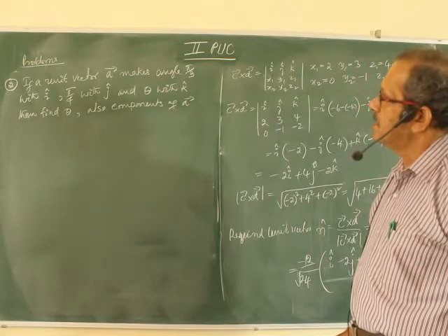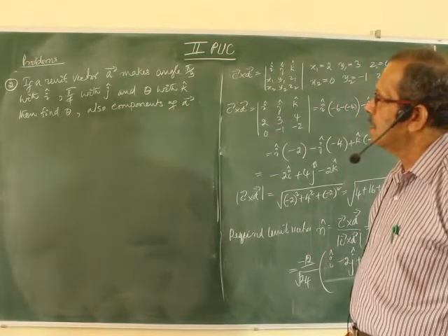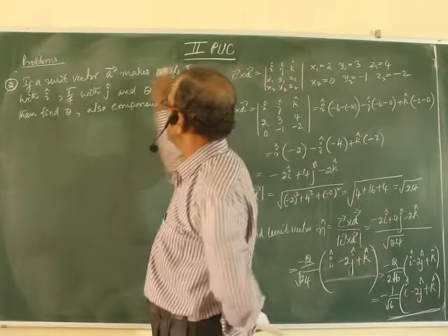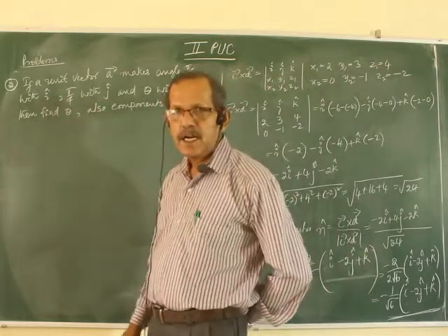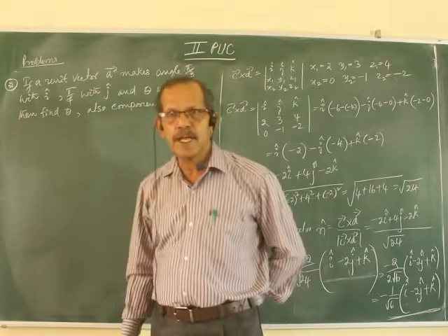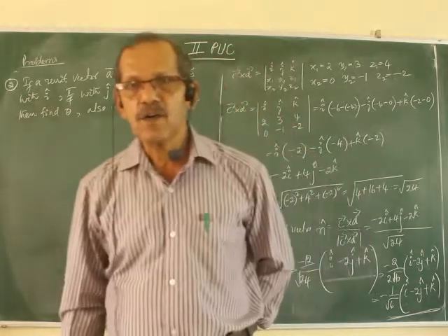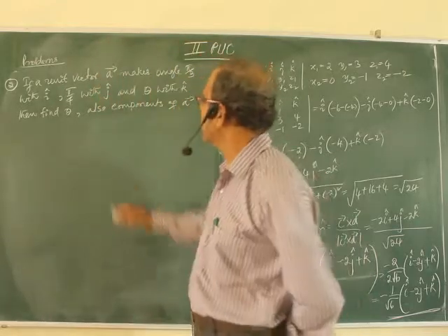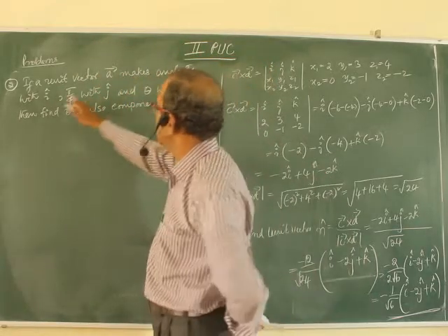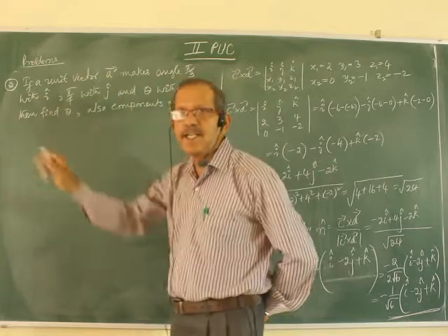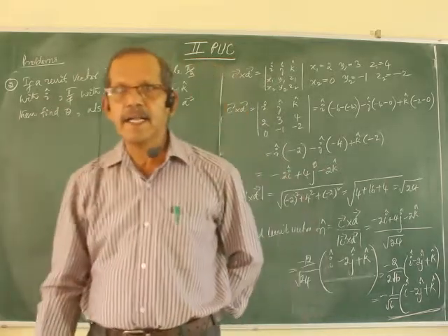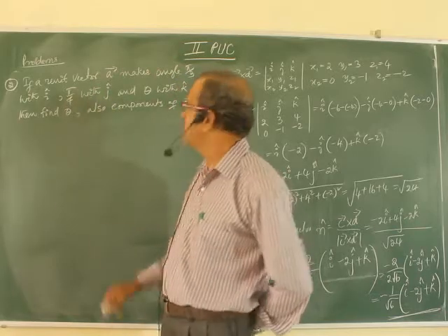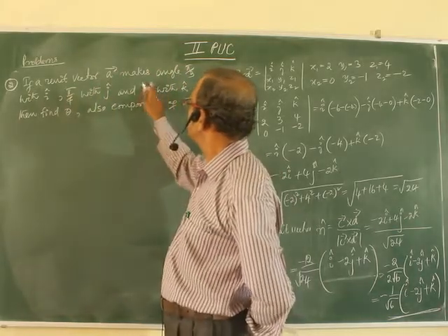A is a unit vector that makes an angle pi by 3 with the I, x-axis. But we have given certain names to those. The angle between the vector and I is actually the direction angle, capital A. With the j, y-axis, angle B. With the z-axis, theta.